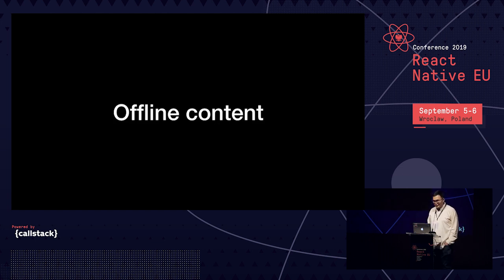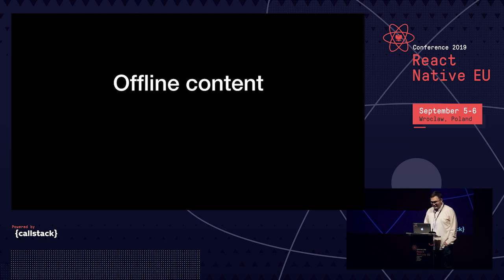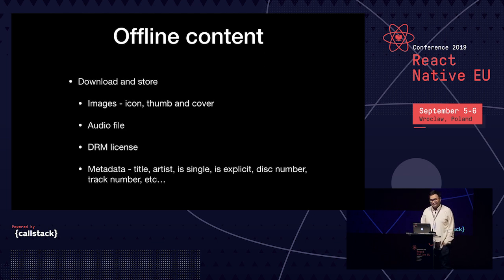So as Chit mentioned, doing offline content is kind of hard, because to provide a decent offline content experience, you have to do many things, like downloading images, downloading audio files and DRM licenses, and you have to store metadata, and to mark something successful, you have to check everything.